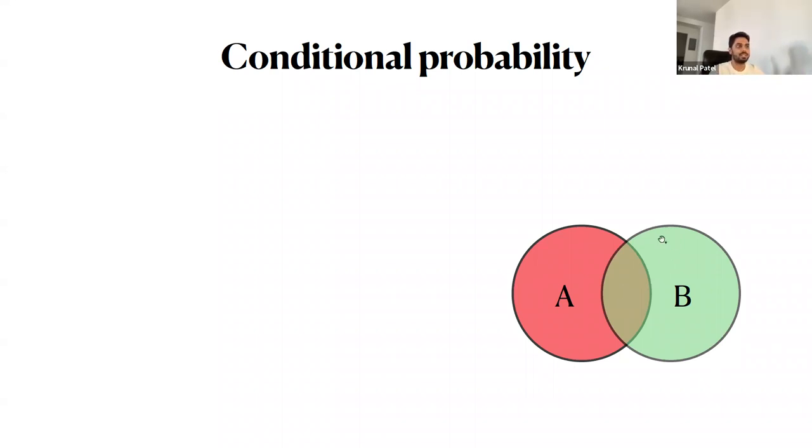In other words, this event B, the green circle, becomes our total set of outcomes, or the sample space, and this intersection section becomes our favorable outcomes, because that's when A is also happening out of all possible cases where B is happening, right? So we are basically trying to calculate the intersection area divided by the total area of B. So it's exactly the same thing. The probability of A given B is the probability of A intersection B divided by the probability of B, right?